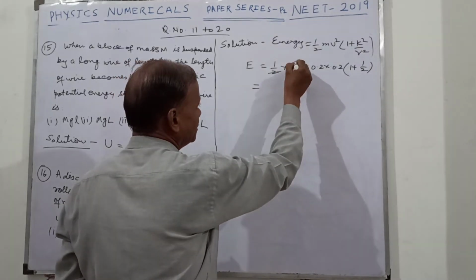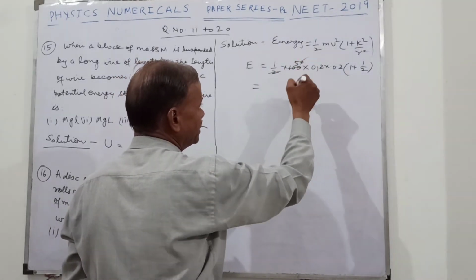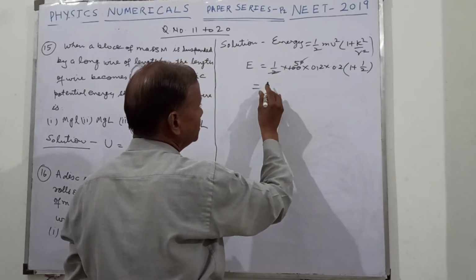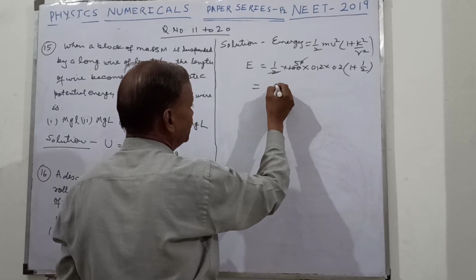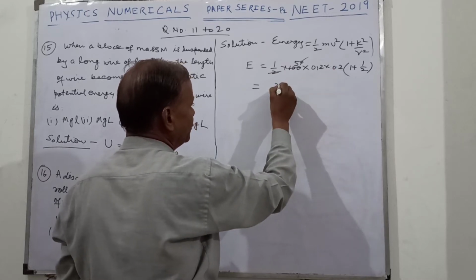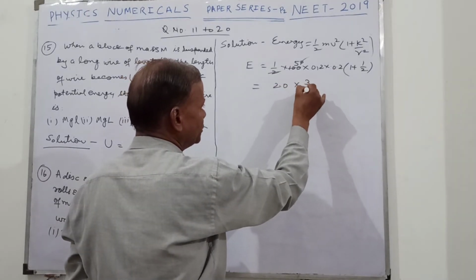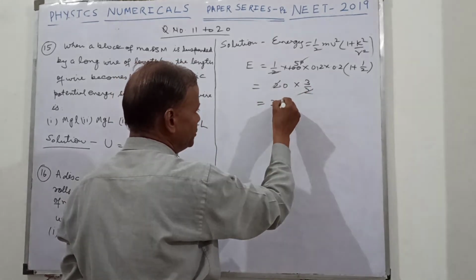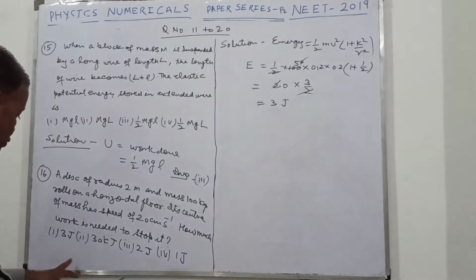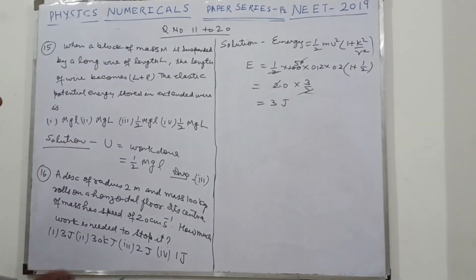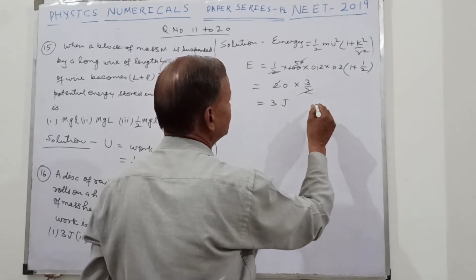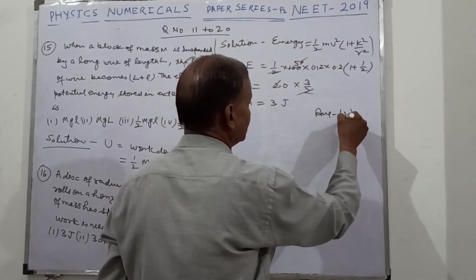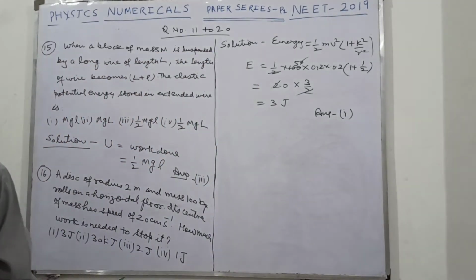So this will cancel 50, this point will cancel, this is now 4, and this is now 3 by 2. 2 and 2 cancel, so we are left with 3 joule. Here is the first answer, so we have the first choice.